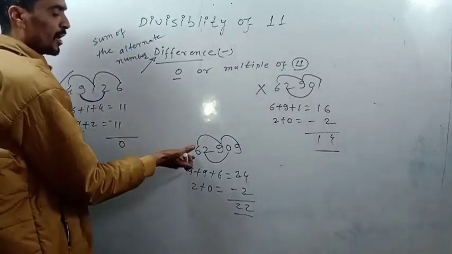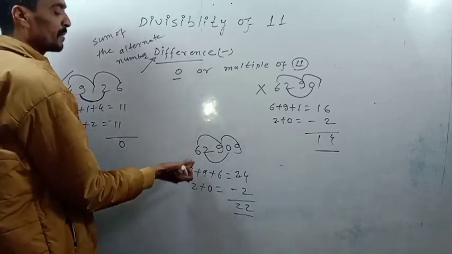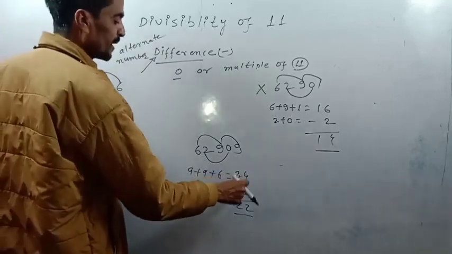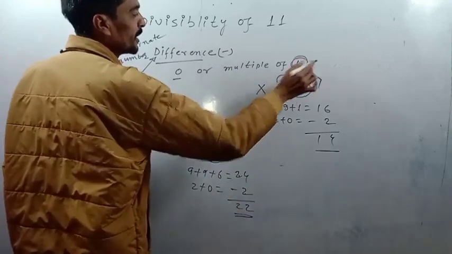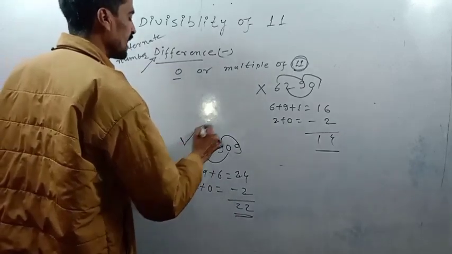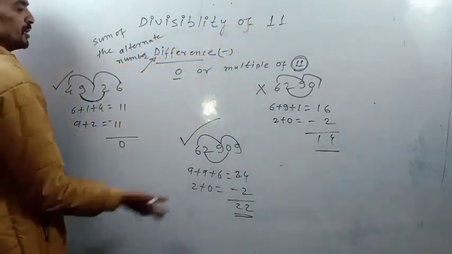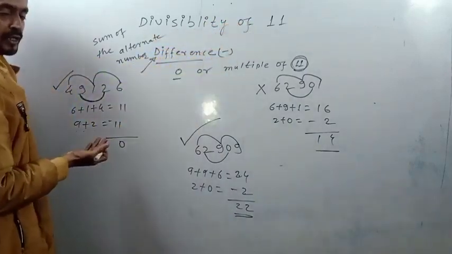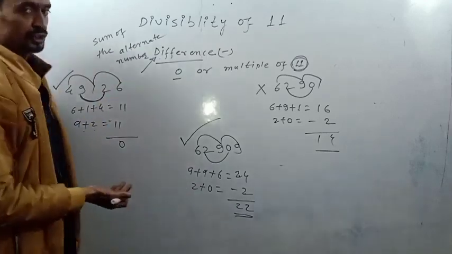We have taken the sum of the alternate numbers and then subtracted them from one another. 22 is a multiple of 11. So 62,909 follows the condition of divisibility of 11. Like this we can study the divisibility of 11. I hope you understood this very well.